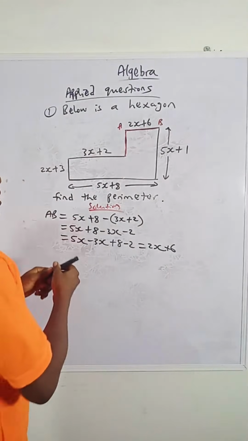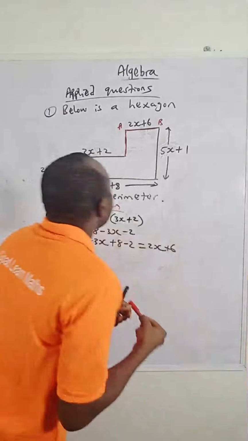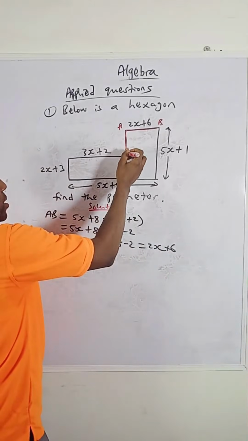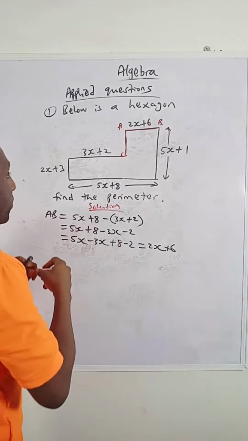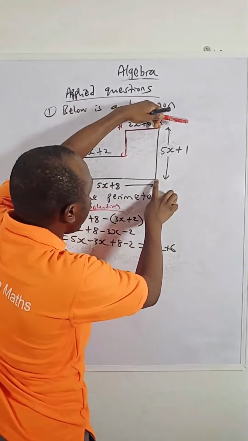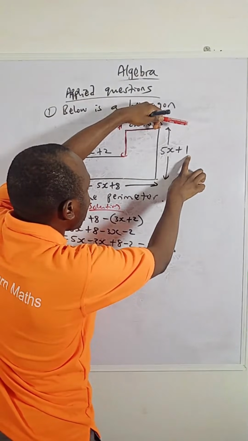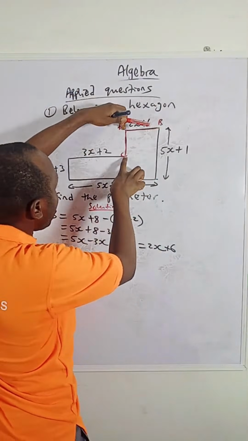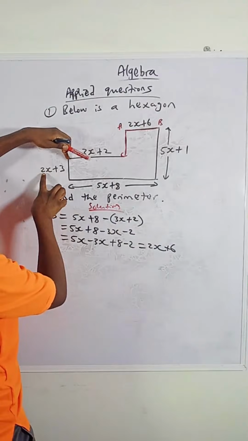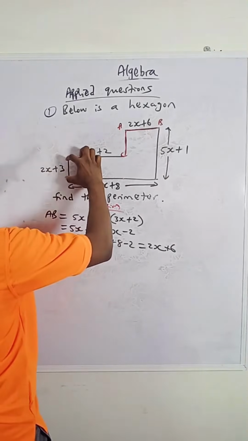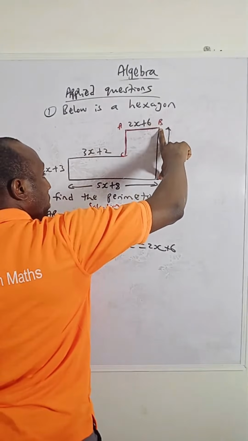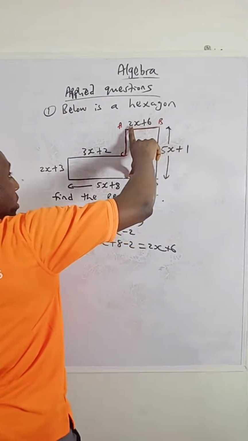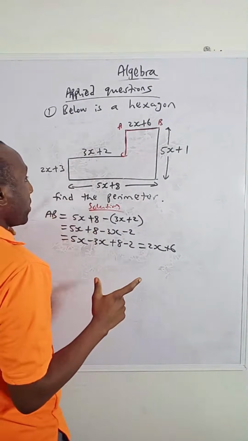But we still have, let me call this C. We need to get what? AC. How do we do that? Remember, from here to here is 5x plus 1. We're looking for AC, but we already know from here to here, which is 2x plus 3. When you add this line and this line, it will give you the whole of this line here, because you can see it's the measure of that.